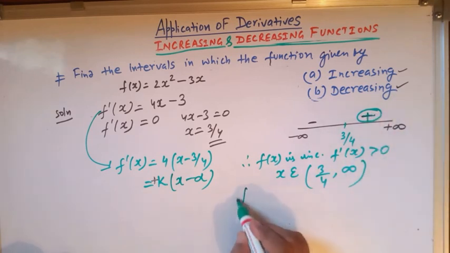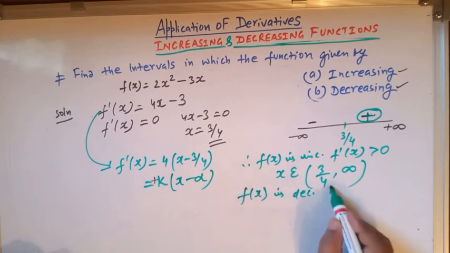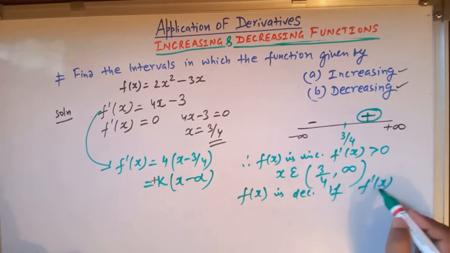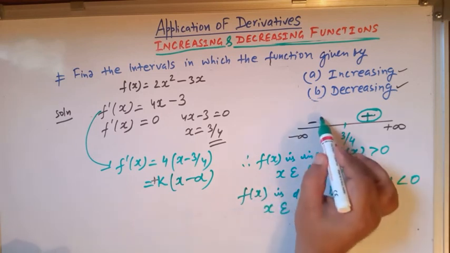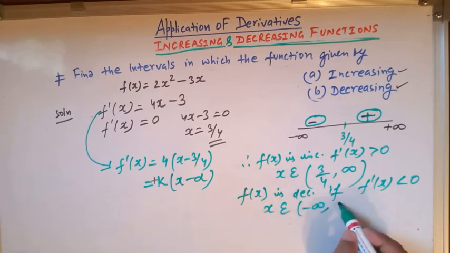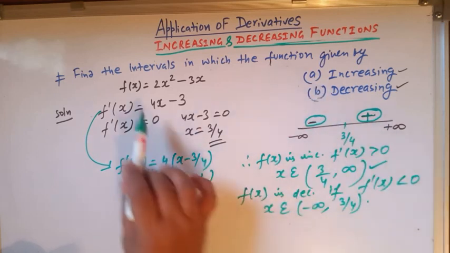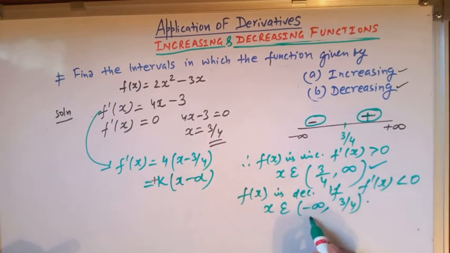And similarly f(x) is decreasing if f prime of x, or the derivative of f, is less than 0, or x belongs to, here we have the negative sign. Clear? So we have minus infinity to 3 by 4. So this is the interval in which this function f(x) is increasing, and this is the interval in which this function is decreasing.